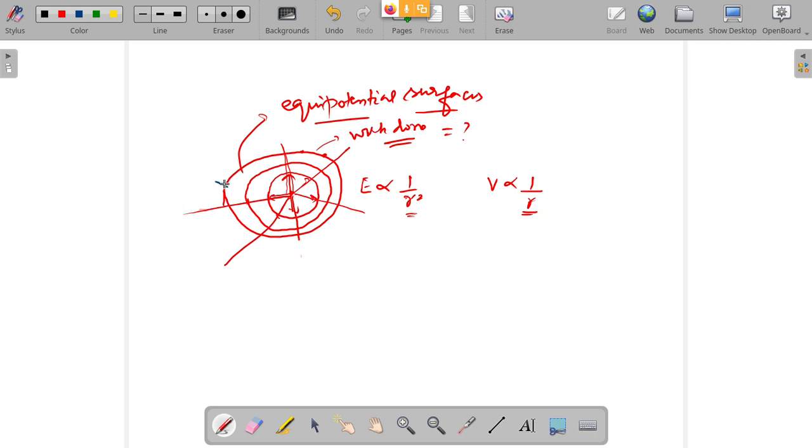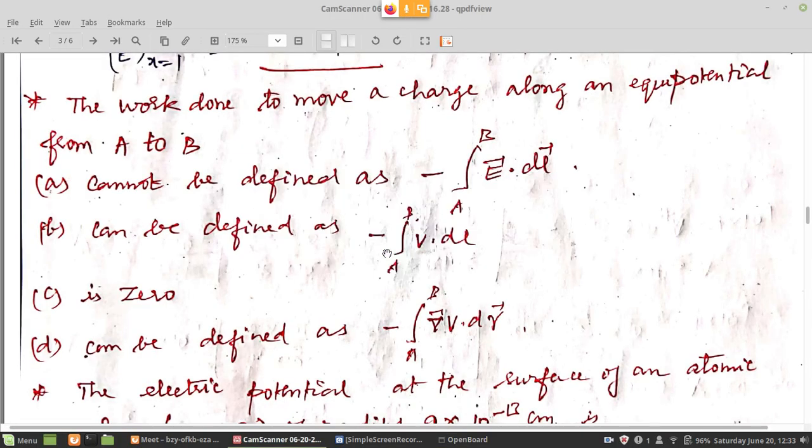Here A, and on the same surface another point B, or even on the inner circle also you can take A and B. Anywhere you can take any 2 points. If you want to move a charge on an equipotential surface, how is work done defined is the question. Just go through the 4 choices, think about it and answer.